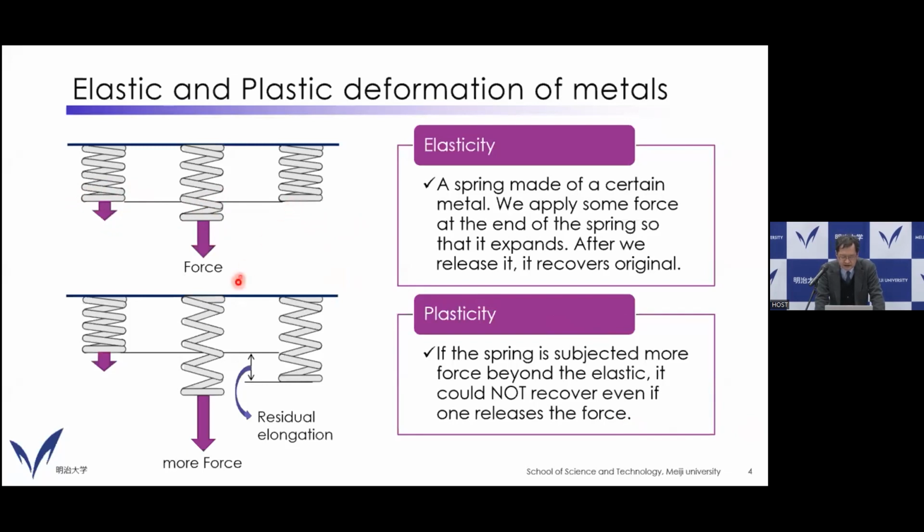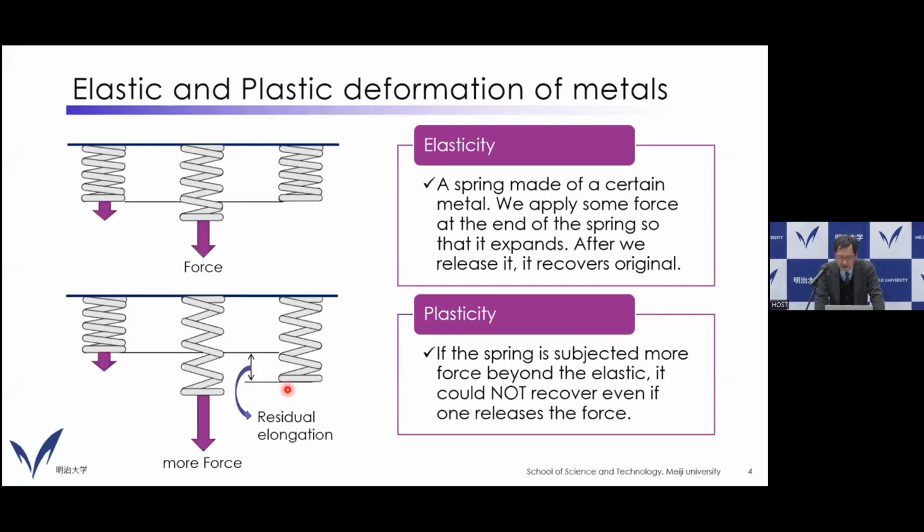If the spring is subjected to more force beyond the elastic limit, it could not recover after releasing the force. We call this behavior plasticity. So you can see that residual elongation is defined as the difference between the original length and the length after plastic deformation.